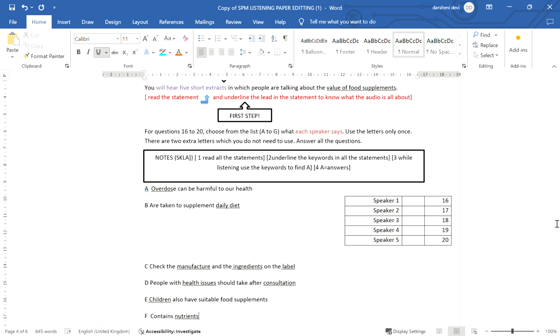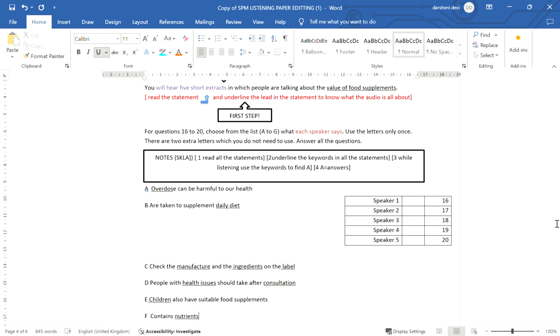So the audio will be like, okay, speaker 1, and then after that speaker 2, and then speaker 3, and then speaker 4, and then speaker 5, and then they will repeat again. So it's better you follow the audio. That means if the audio is talking about speaker 1, you just focus on speaker 1. And then when speaker 2 comes in, you focus on speaker 2.